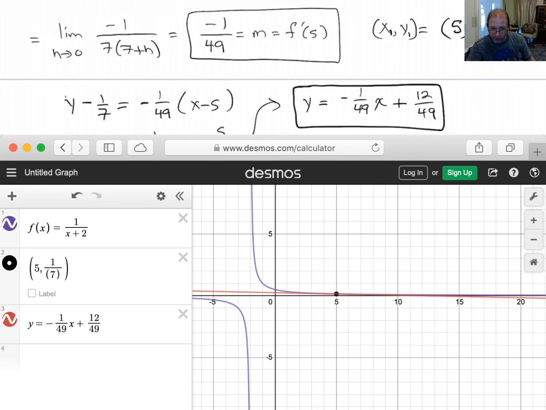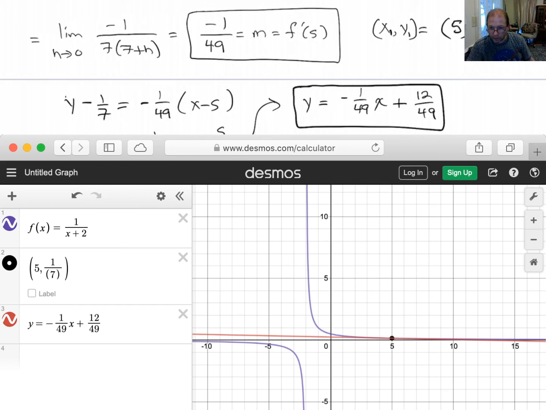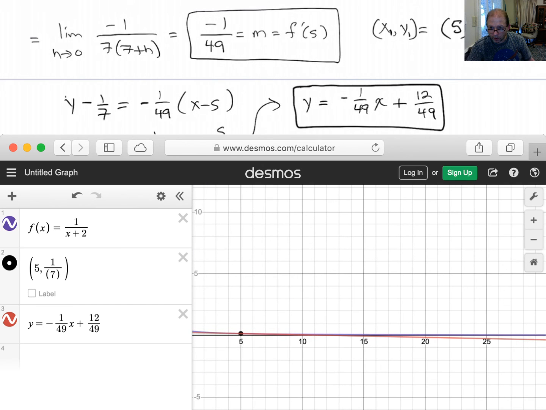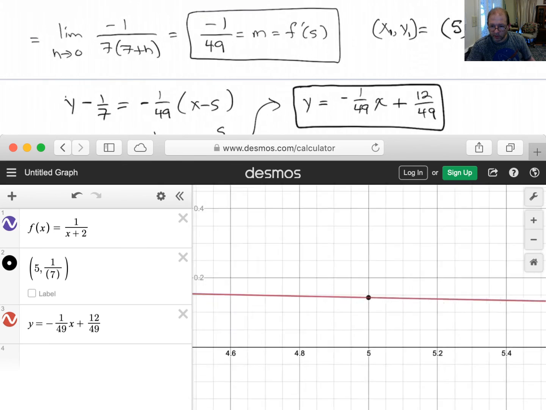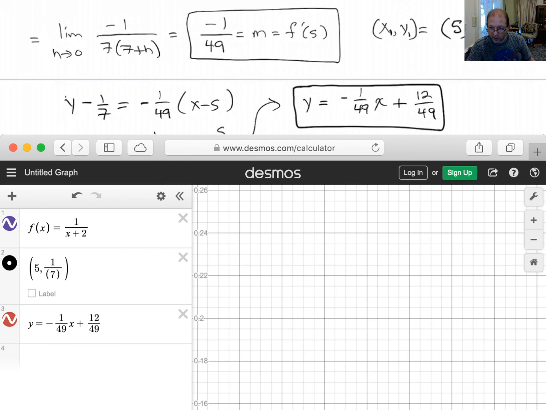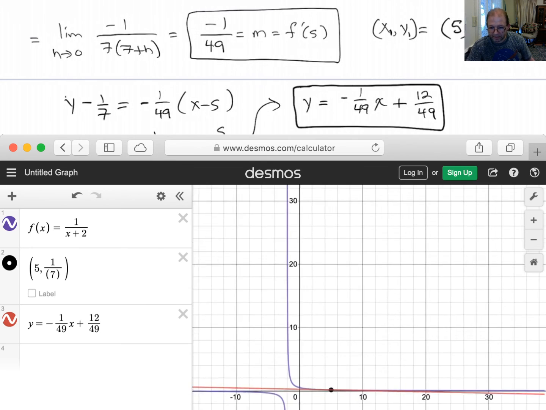It looks like over here on the left side, the line is below the curve. On the right side, the line is above the curve. Wait, no, that's not right. It's below the curve everywhere. The red line is below the curve. But if you zoom way in, you can't really see it. But anyway, that's the tangent line.